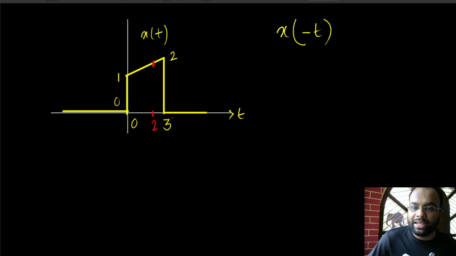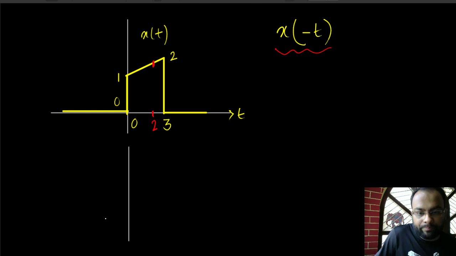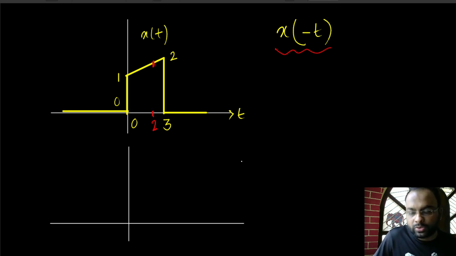Whatever happened at t equal to 3 will happen at t equal to -3. Whatever happened at t equal to 0 will happen at t equal to 0 as well. Whatever happened at t equal to 1 will happen at t equal to -1. So essentially, this results in something like this.